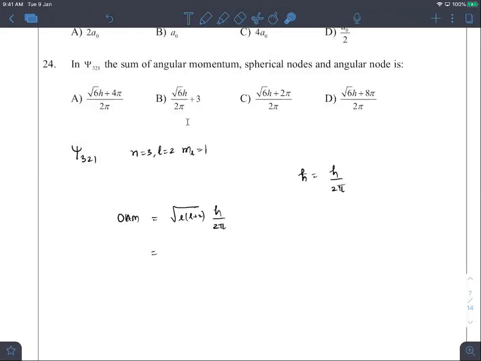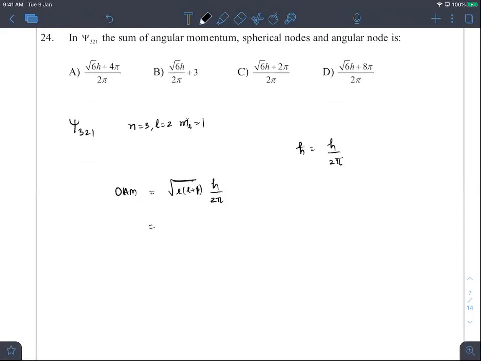For L is equal to 2, how much will that be, angular momentum? This is L into L plus 1, sorry. Root 6 H by 2 pi, right? Now, what is this Z component? The maximum Z component of orbital angular momentum is 2H.